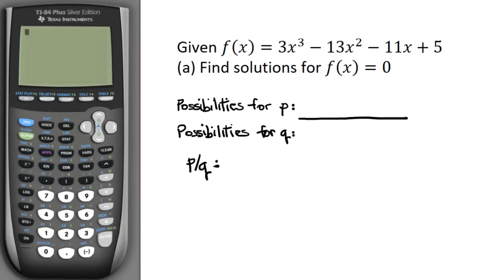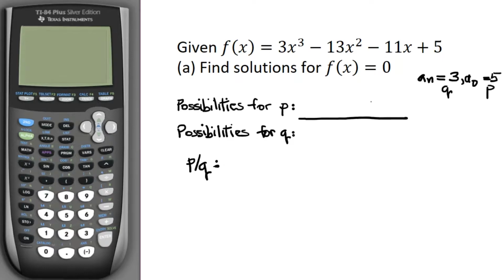Well, before we do our graph, let's look at all the possibilities for possible factors. a sub n in this particular polynomial is 3, and a sub 0 is 5. So this corresponds to p, this corresponds to q.